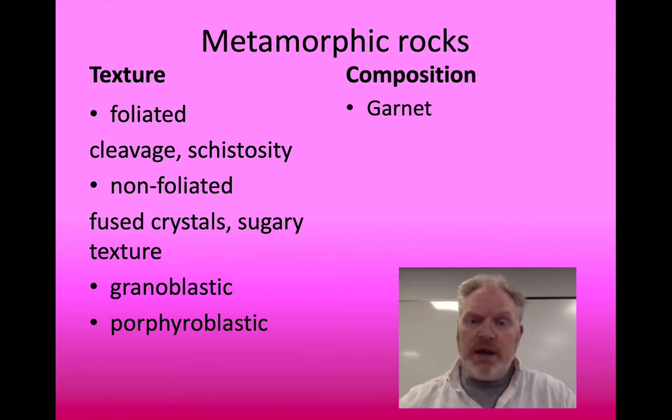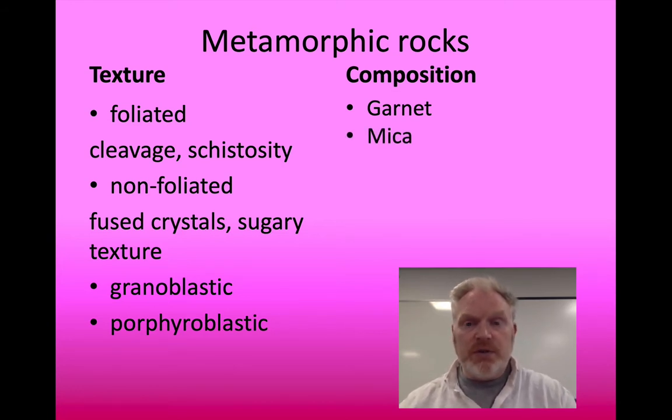You don't find garnet in other types of rock. Mica as well. Now you can find mica in igneous rocks and also in sediments, but mica can be a common mineral formed during metamorphism, but it's not exclusive to metamorphism in the same way that garnet is.